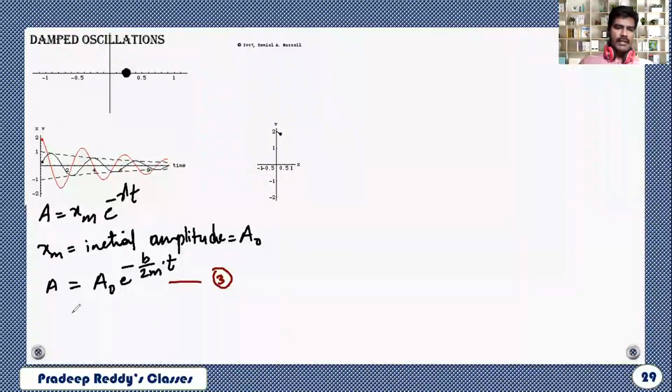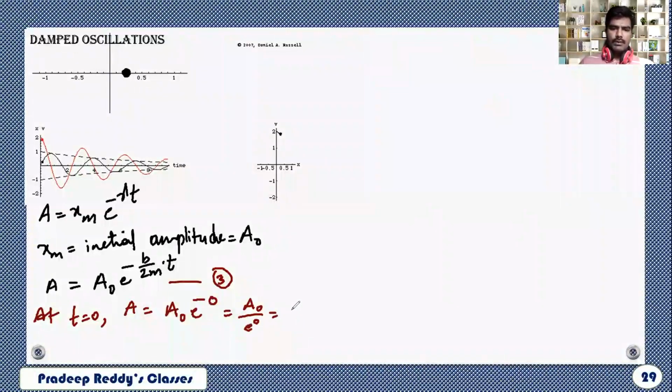Now from this, clearly at time t is equal to 0, that means initially when the oscillations are started, at that time you can write A is equal to a naught e power minus 0. E power minus 0 is a naught divided by e power 0.